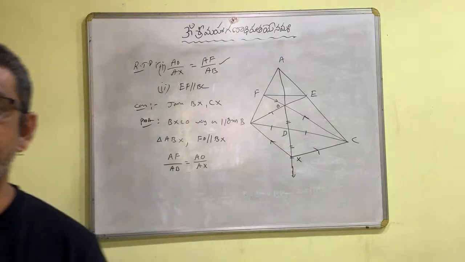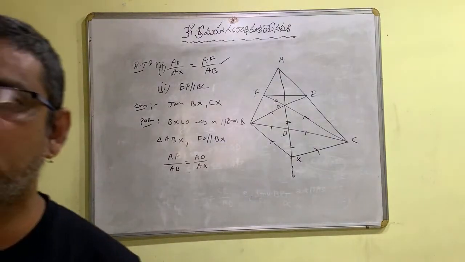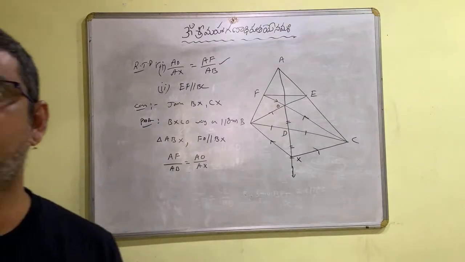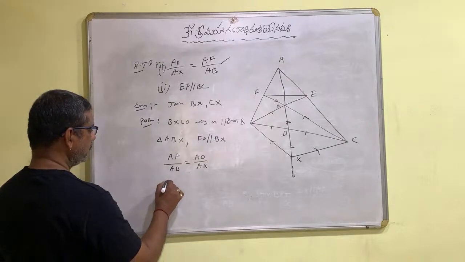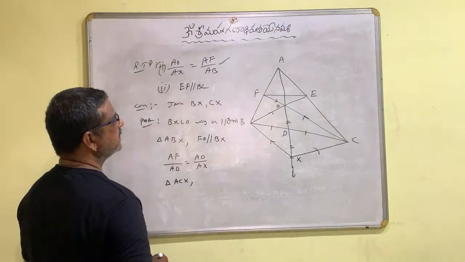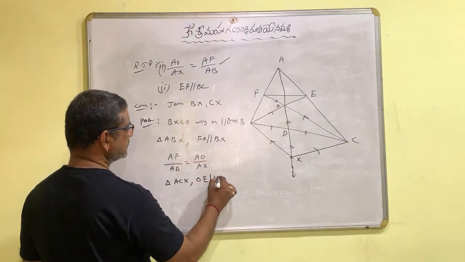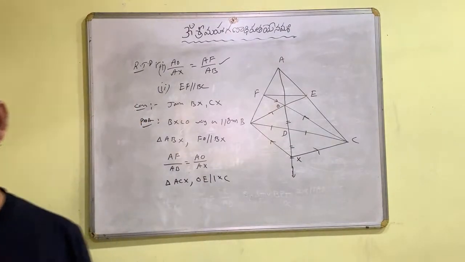AF by AB equal to AO by AX. Now, consider triangle ACX. OE parallel to XC.